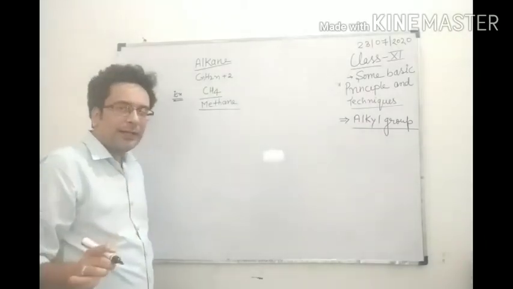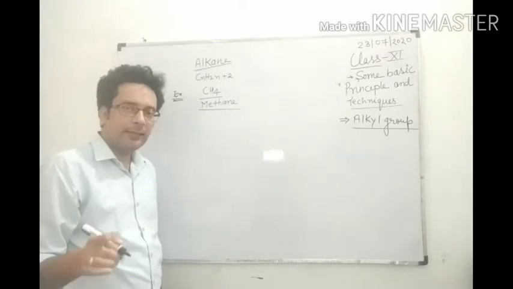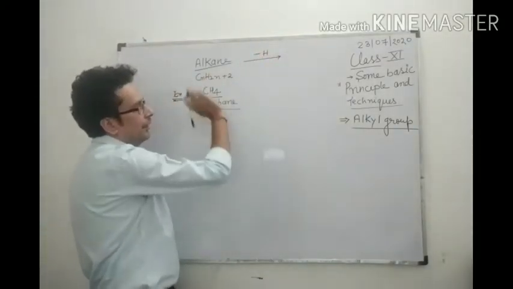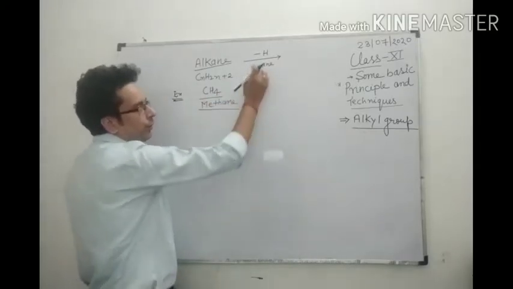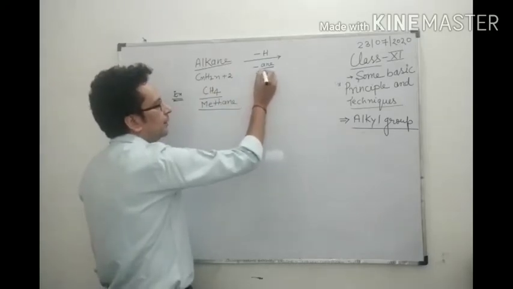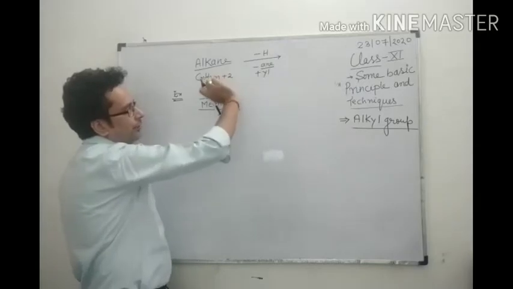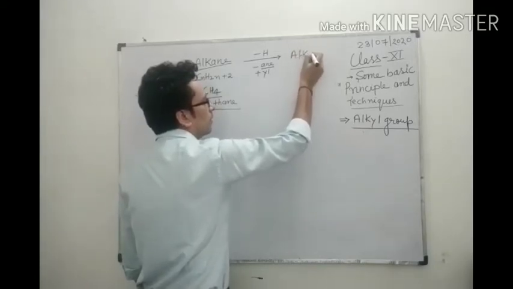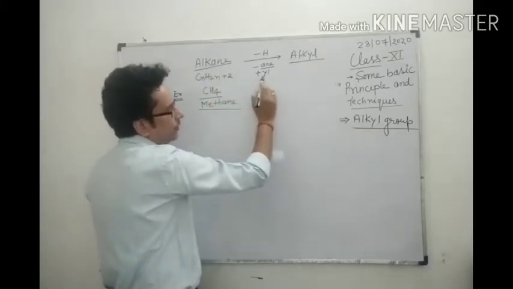When we remove one hydrogen from the alkane, you subtract -ane and add -yl. So ALK is common: minus ANE plus YL gives alkyl.